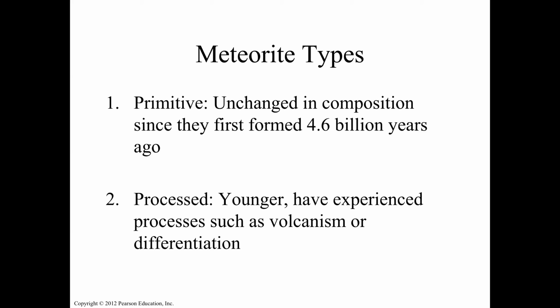So these two different types, primitive and processed, are the ones that can tell us the history of the solar system. When we say that our solar system formed 4.6 billion years ago, it's because we study these asteroids, these leftovers from planet formation.